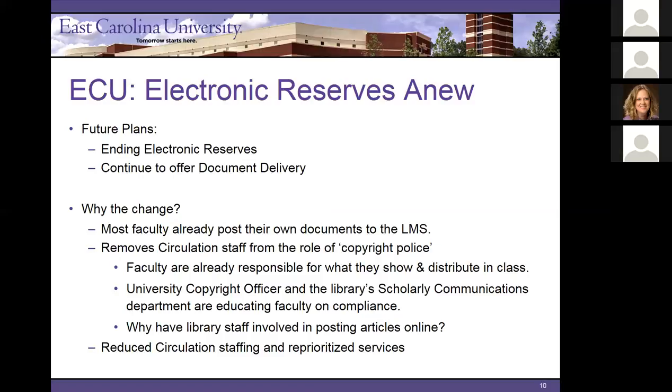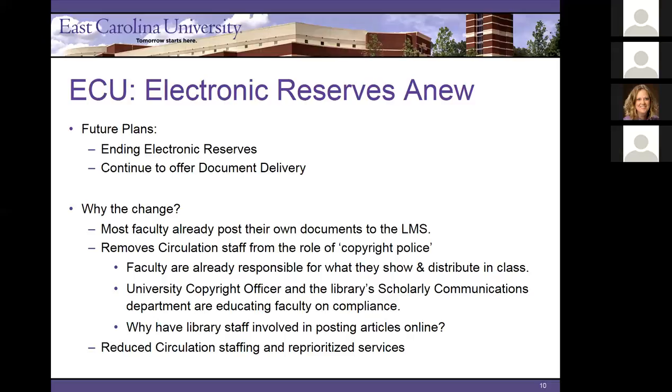So this seems like a natural outgrowth, that they can just put these articles and put the links into their Blackboards with some instructions that we provide to them. So why have us in the middle of it questioning what the faculty are doing, when we don't necessarily know if it's a good fair use or not? They're more of a judge of that than we are, we think.